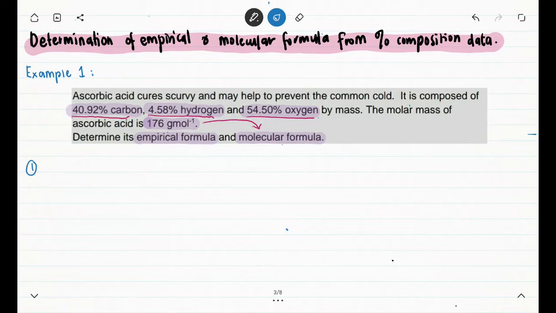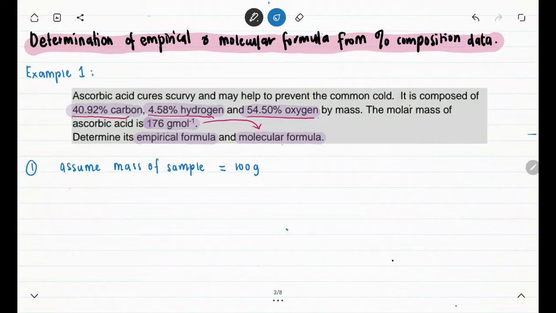Do we know the mass of the sample here? No, we don't know, so we need to assume the mass of the ascorbic acid sample as 100 gram.